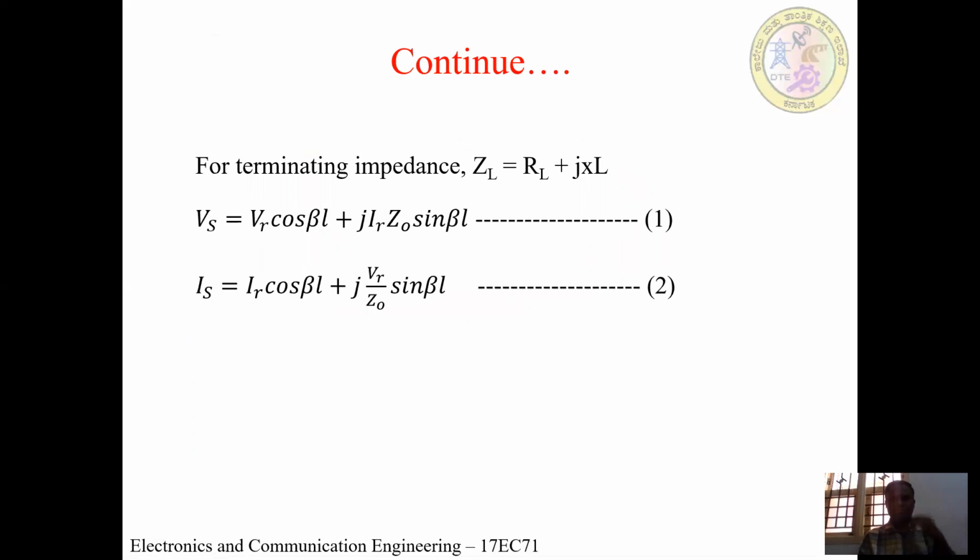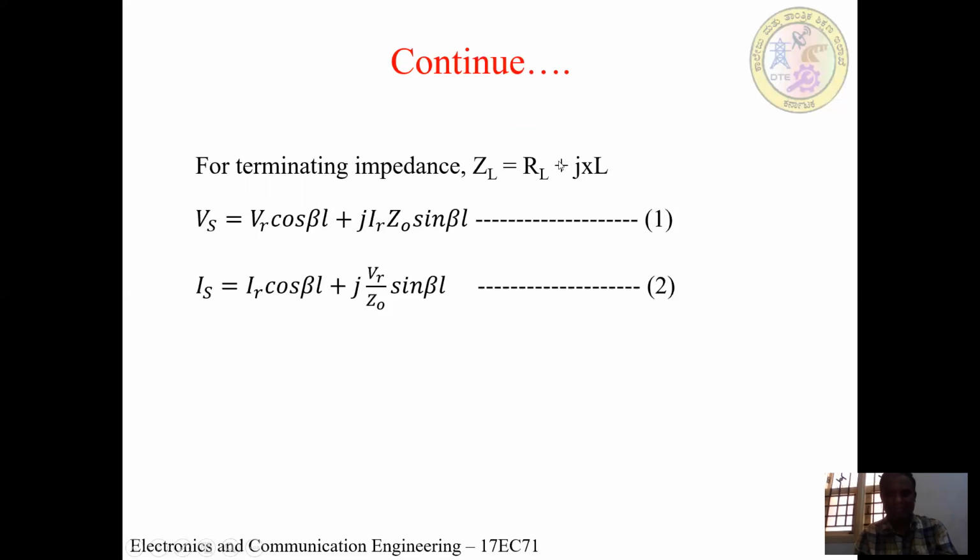So let us assume this transmission line is terminated with an impedance ZL, which is a complex quantity and can be split as RL plus jXL. This is the load impedance connected at the end of the transmission line.